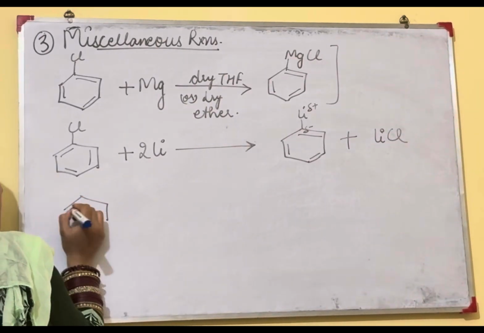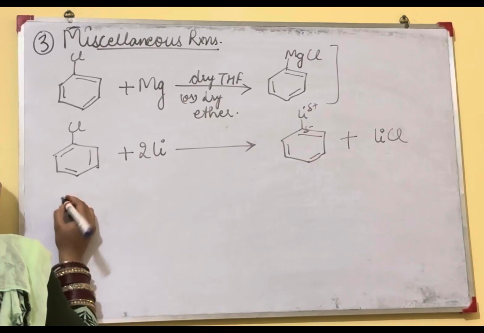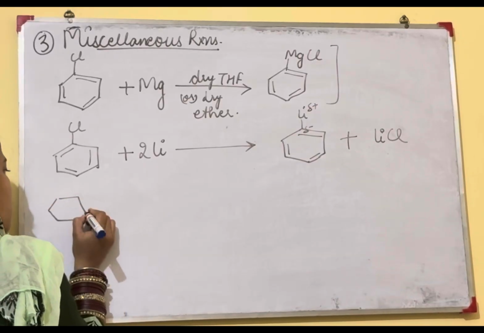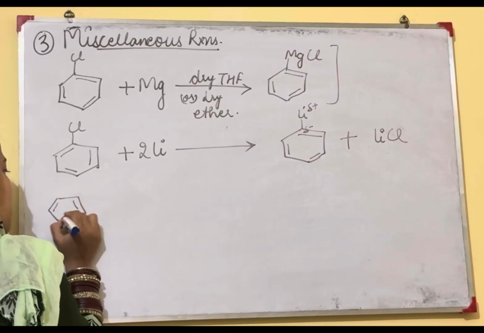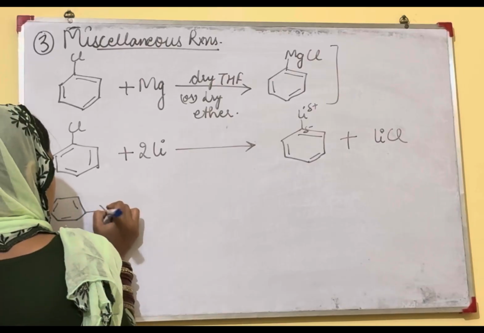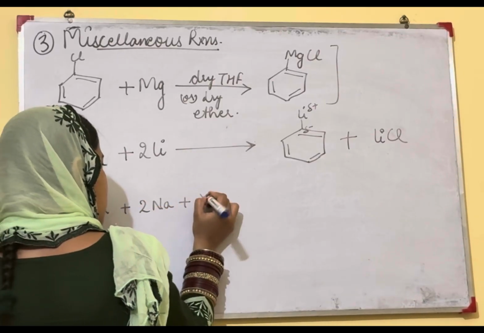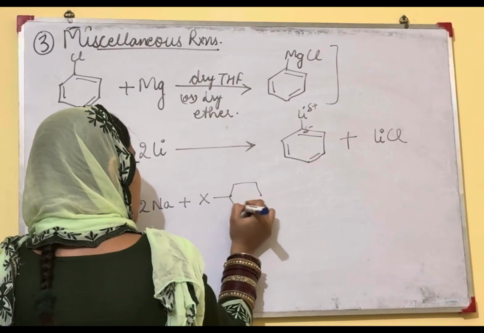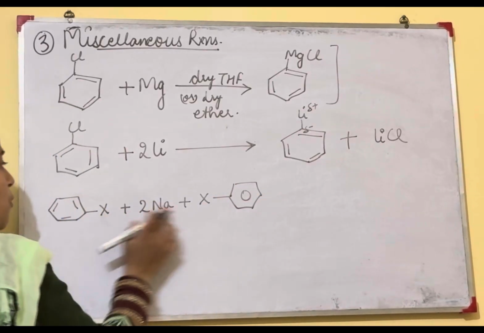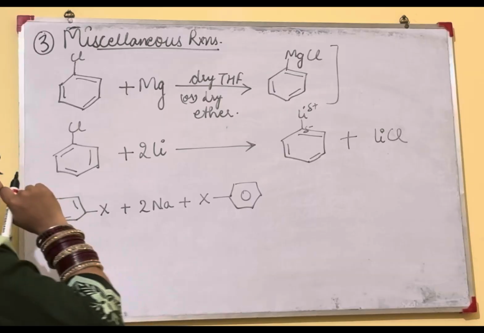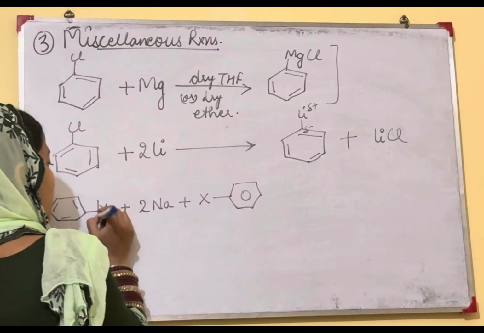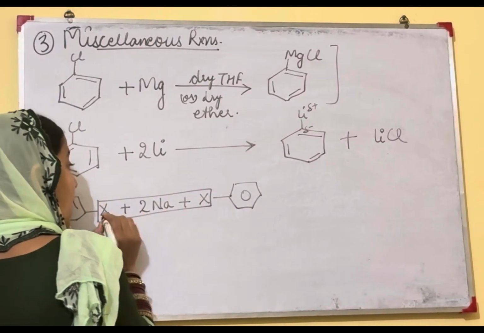Now the next example is a name reaction. As we did Wood's reaction, similarly in this reaction, halogen plus 2Na. In Wood's reaction, we considered both R groups as alkyl. Here we take both groups as aryl.